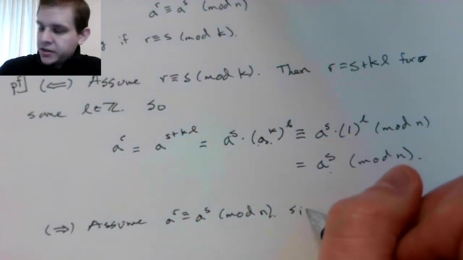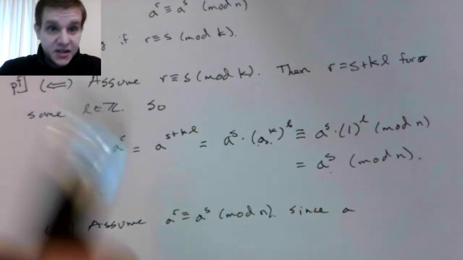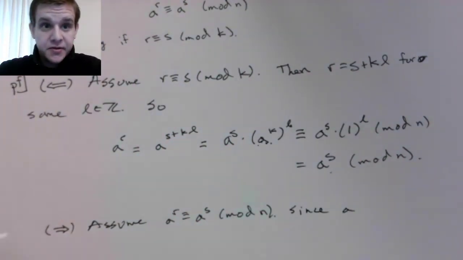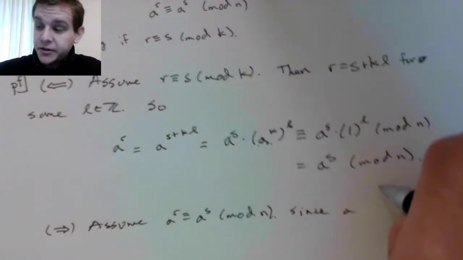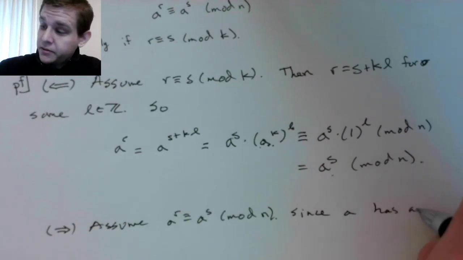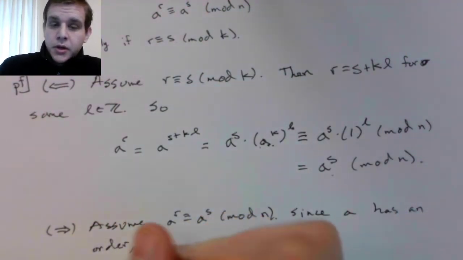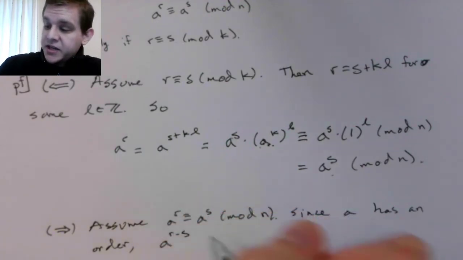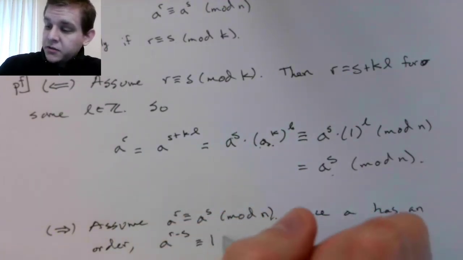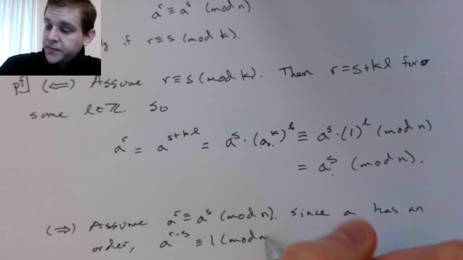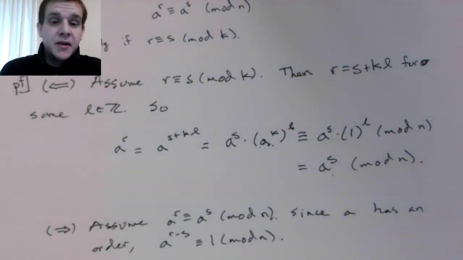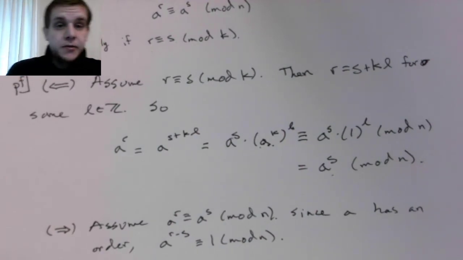So since a has an order, this is exactly the previous theorem that we just proved. So since a has an order, a to the r minus s is congruent to 1 mod n. I just multiply by a to the minus s on both sides of my congruence.